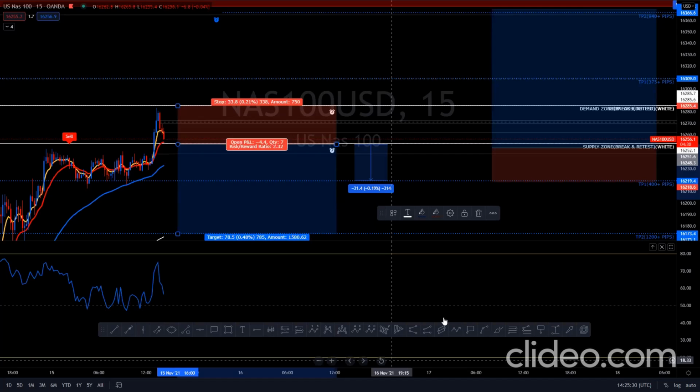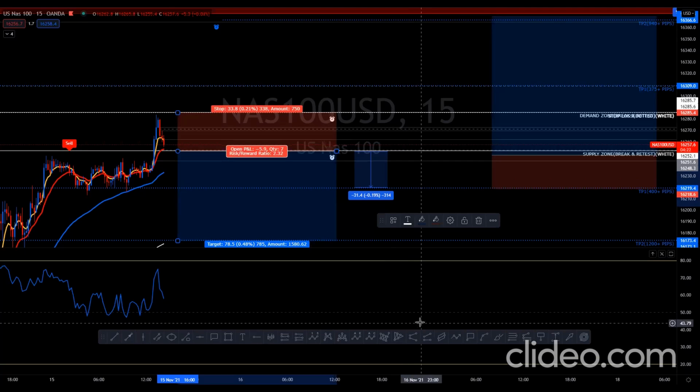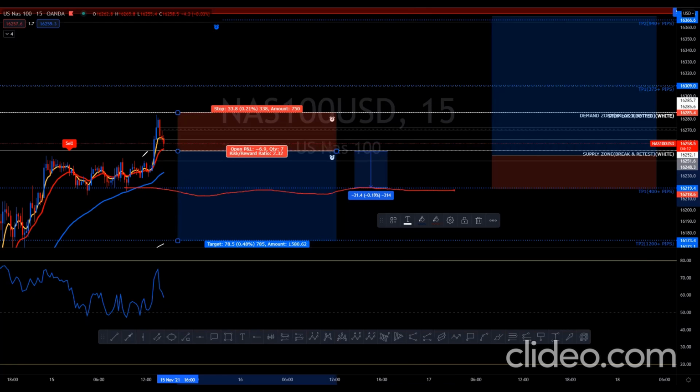All right, so we're getting close to 9:30. So we're going to see what the next candles do. They could mitigate this area. I could see that. Or they can start to mitigate this area and then buy it up all the way up to here. It could go either way.